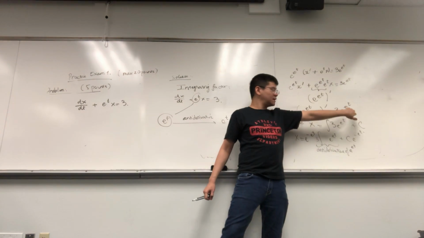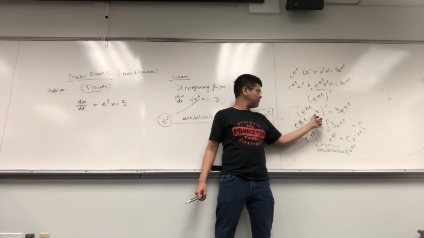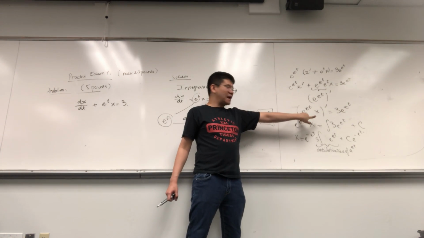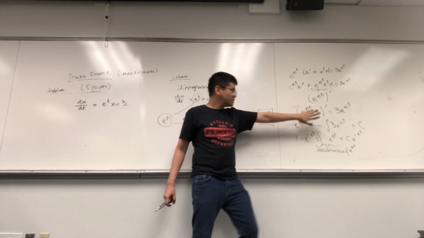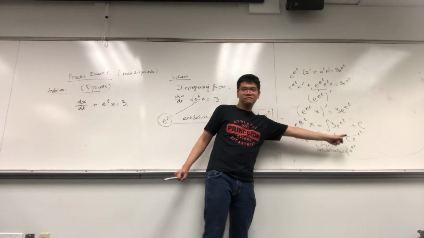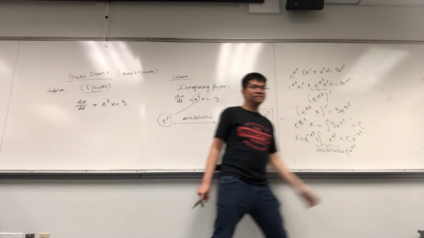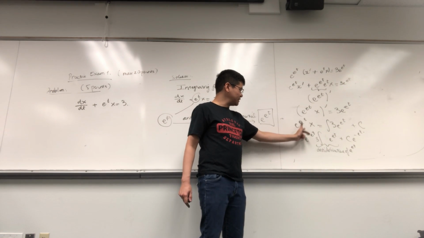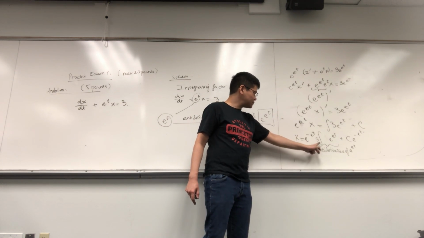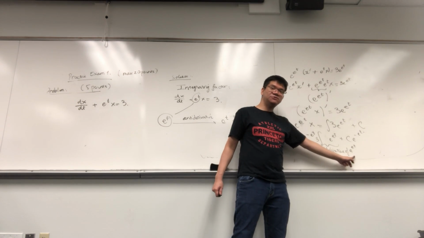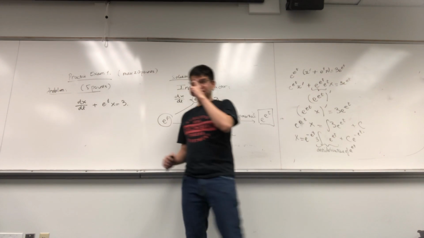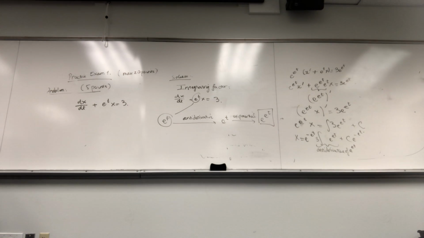So now I have (e to the e to the t times x) prime is 3 times e to the e to the t. I take the antiderivative of this, so I have e to the e to the t times x is the antiderivative plus a constant c. To find x, I just have to divide by this. So x is e to the power minus e to the t, times the antiderivative of 3e to the e to the t, plus c times e to the minus e to the t. Questions? Is it clear?